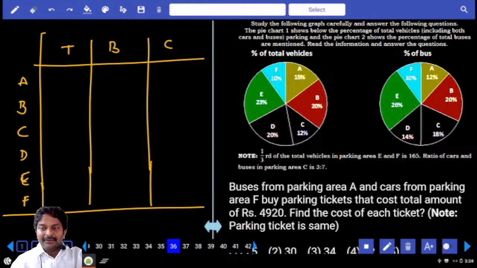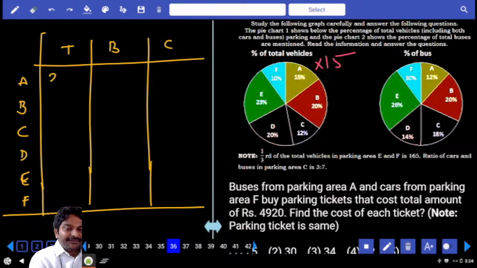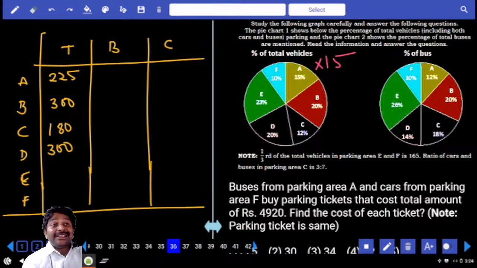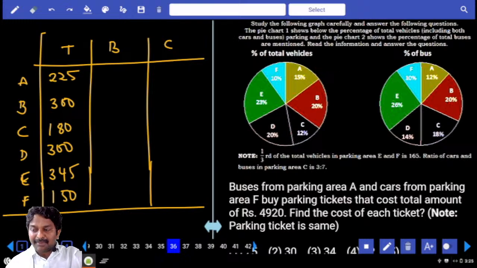Every number is multiplied with 15. 15 15s, 225. 20 15s, 300. 12 15s, 180. 20 15s, 300. 23 15s, 345. 10 15s, 150. Got it? Now we need to have buses.